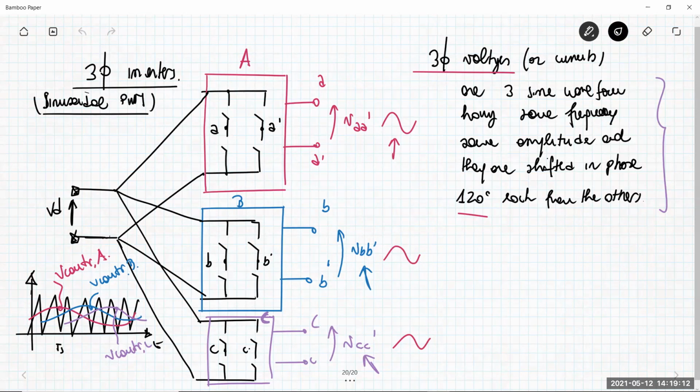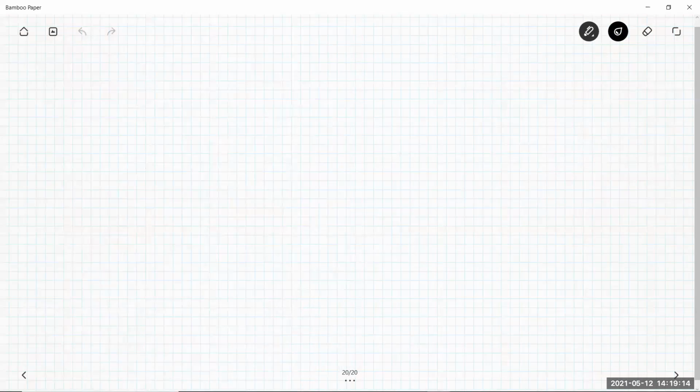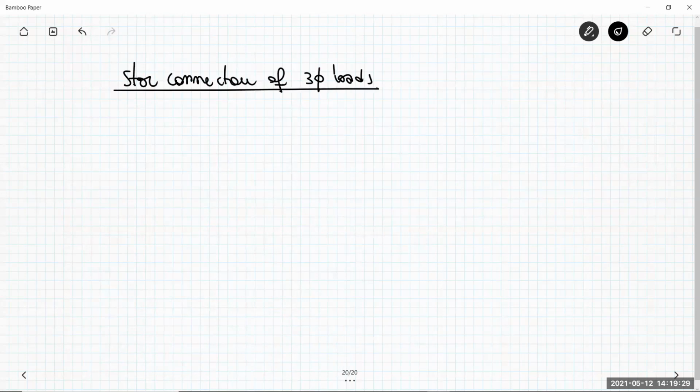So let's start with the star connection of three-phase loads. In this case, the load is configured in this way.